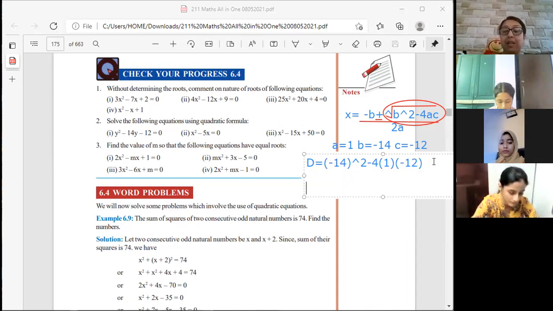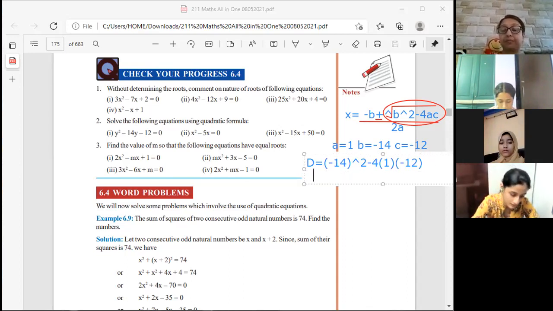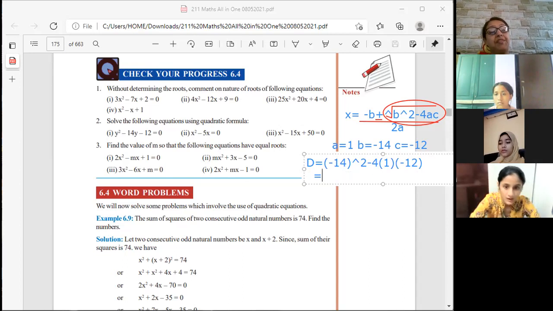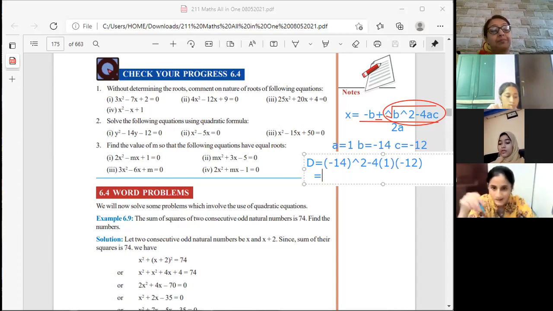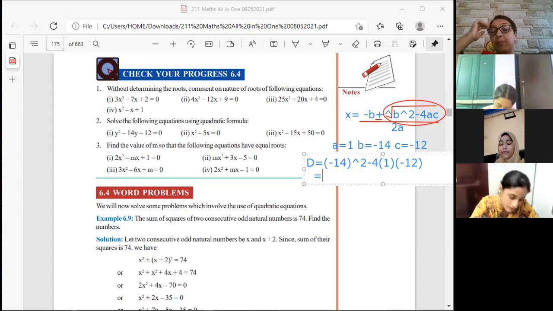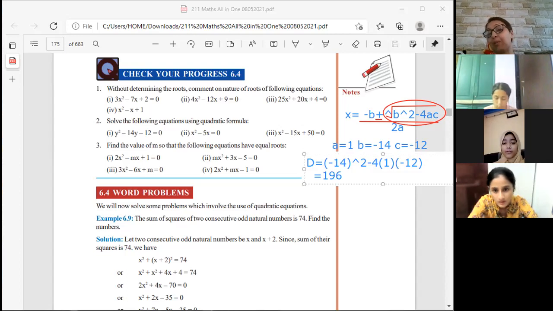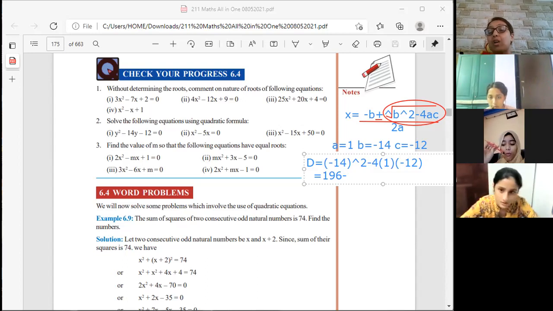Okay. Now, anybody who can tell me what is 14 square? 15 square is 225. What is 14 square? 196. Yes. And will I get negative or positive? Positive, yes. So I will put a minus sign for that 4 part now. 4 multiplied by 1 is 4.